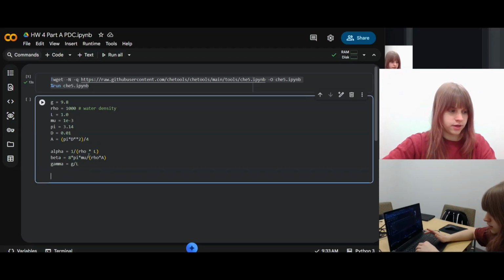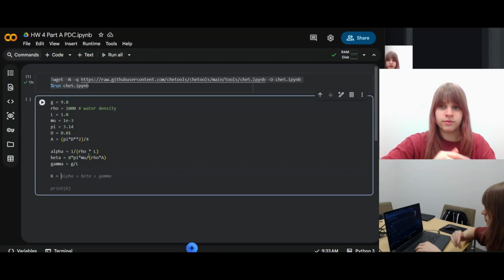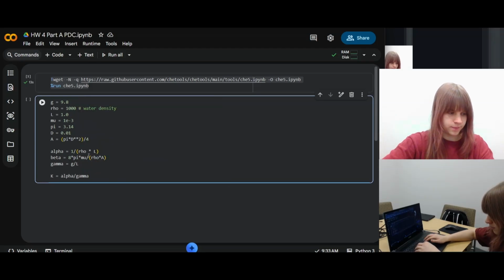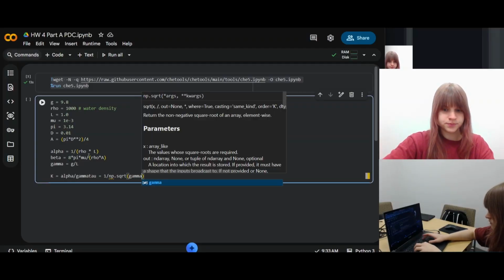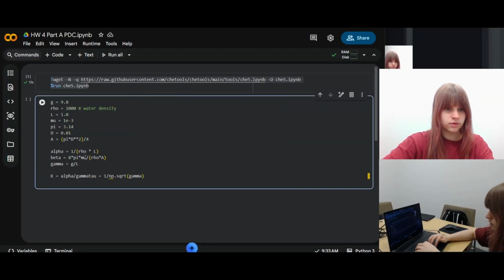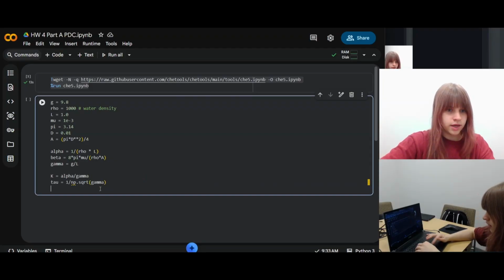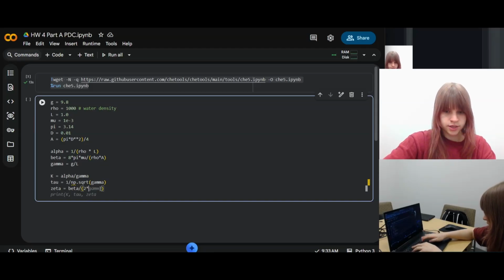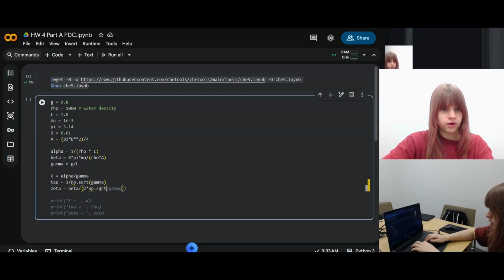As I said when I was deriving the function earlier, our k is equal to alpha divided by gamma. Our tau was equal to 1 divided by the square root of gamma. And we also said that zeta was equal to beta divided by 2 times the square root of gamma once again.